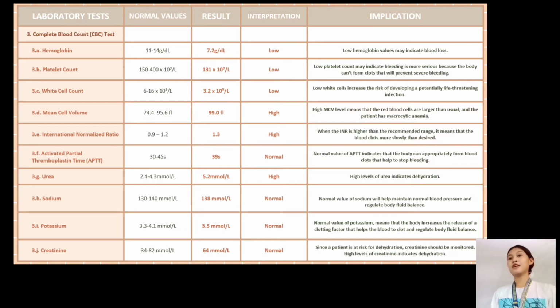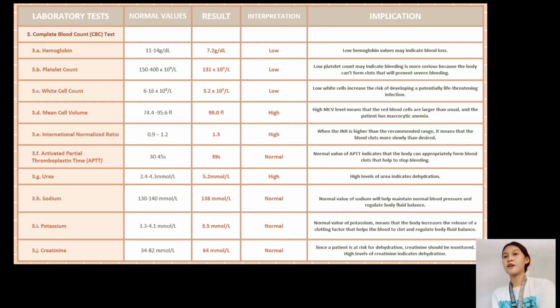The normal value for international normalized ratio is 0.9 to 1.2. The result is 1.3. Interpretation is high.